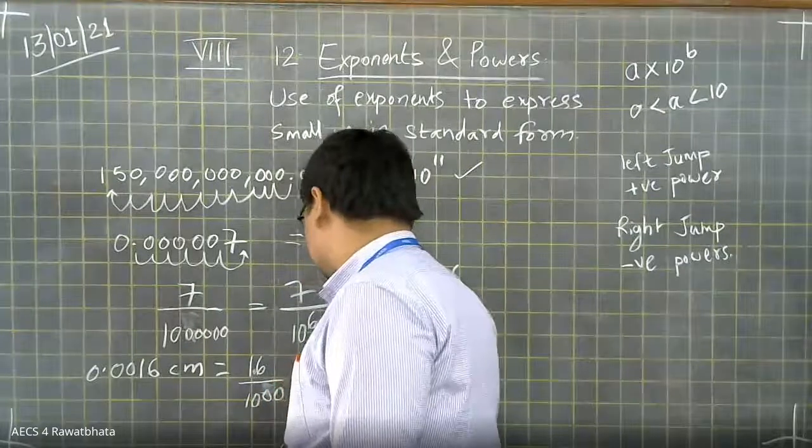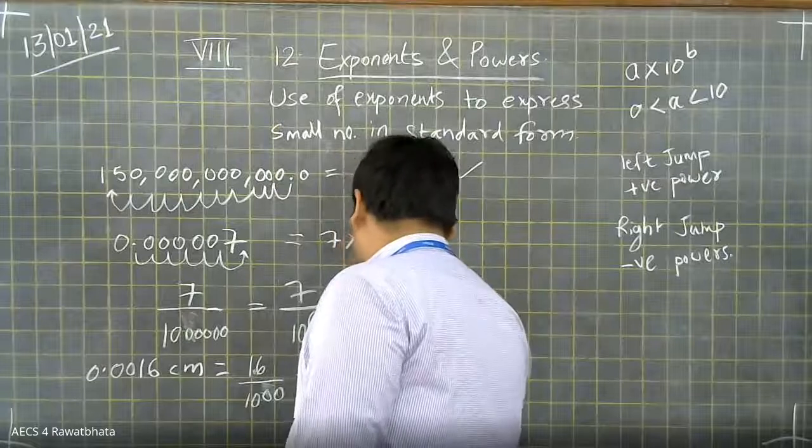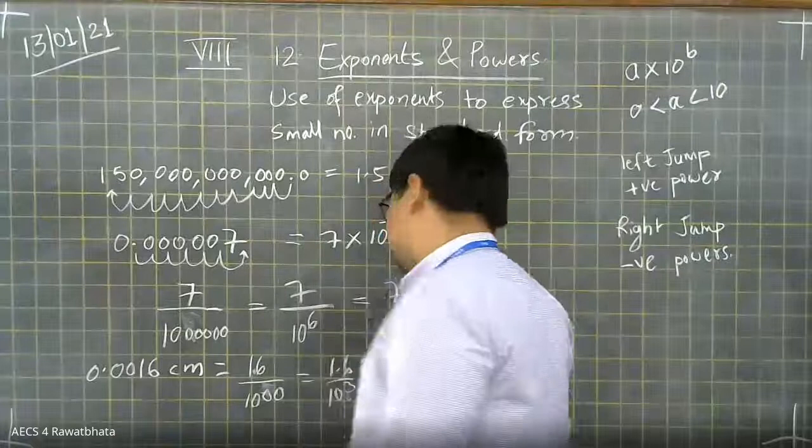Which is equal to 1.6 into 10 to the power minus 3.